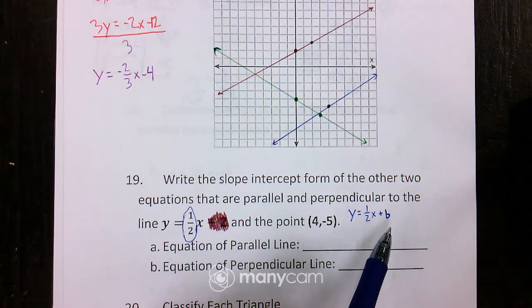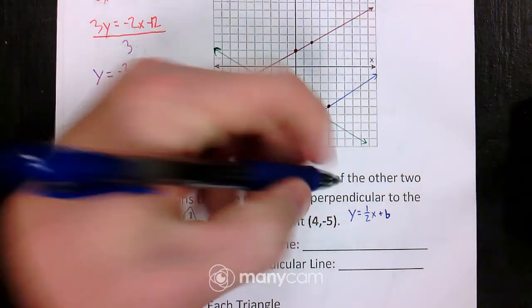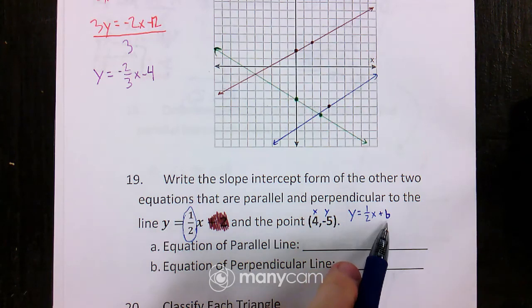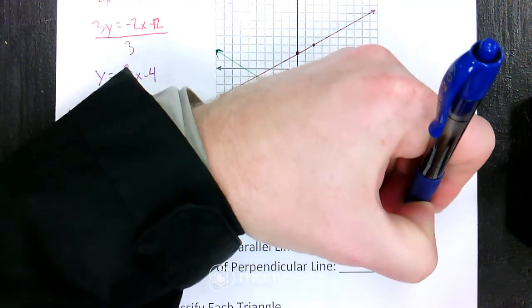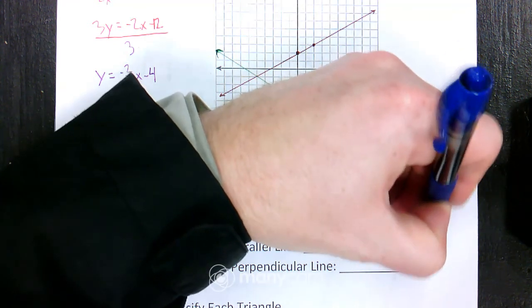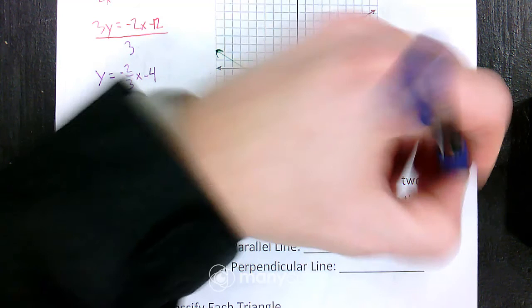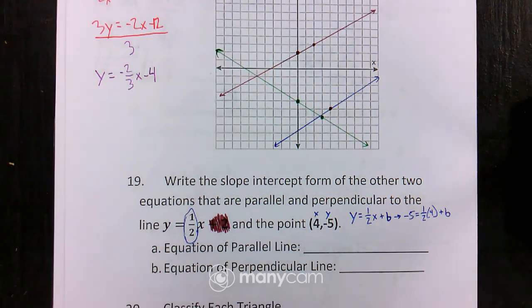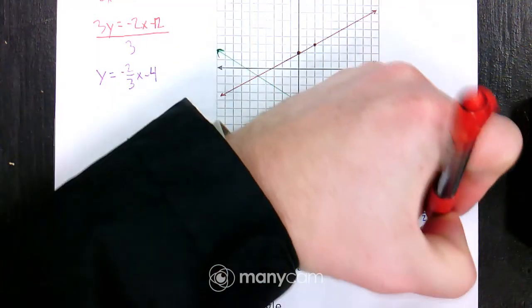So I have to solve for b. I have 2 pieces of information, x and y right here. If I plug these 2 in, I can solve for b and get my answer. That gives me negative 5 equals 1/2 times 4 plus b. What's 1/2 of 4? It's 2. Subtract that from both sides, so I know that b equals negative 7.